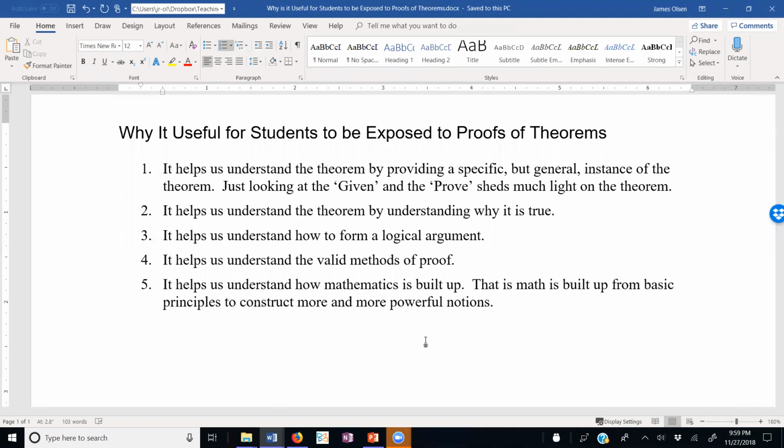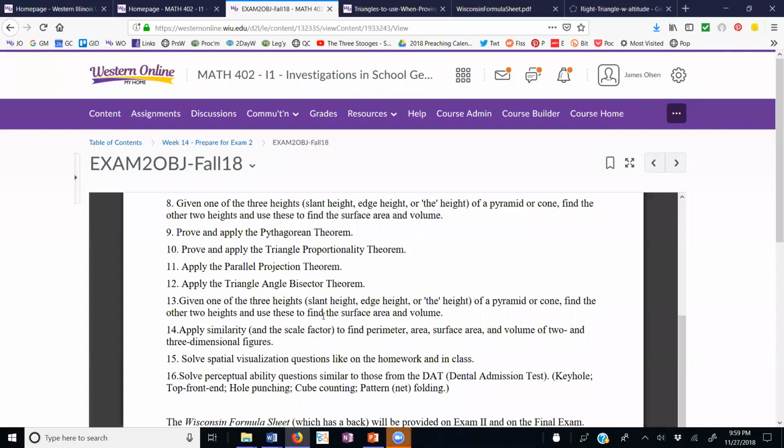Just looking at the given and prove sheds much light on the theorem. For example, for the triangle angle bisector theorem, just the statement of the theorem is maybe a little bit confusing. But when you look at the diagram and the given and prove of the proof, it helps you understand the statement.